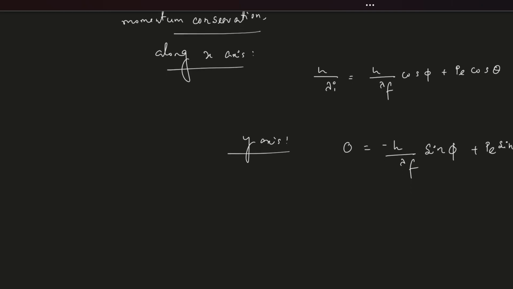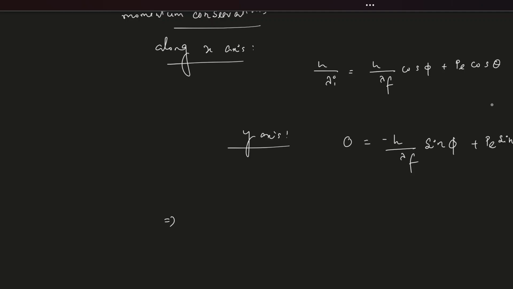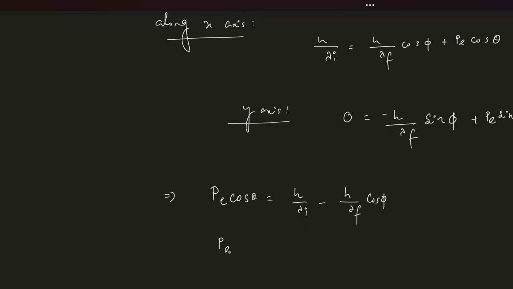These two will be relevant to us. So you quickly take sin theta and cos theta to the other side. You have p cos theta from 1 equal to h by lambda i minus h by lambda f cos phi, and p_e sin theta from 2 equal to h by lambda f sin phi.